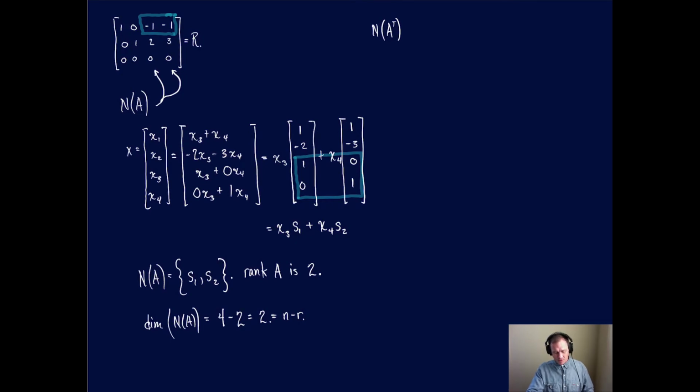But let's look at this for a moment. So the null space of A transpose. Our rank is still 2. But notice this. We had m, the number of rows, we have 3 rows. Not only that, we have one row of 0 in row 3. So what does that tell us?